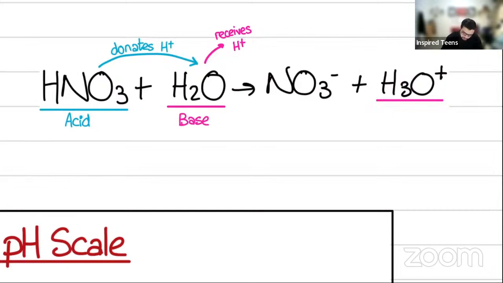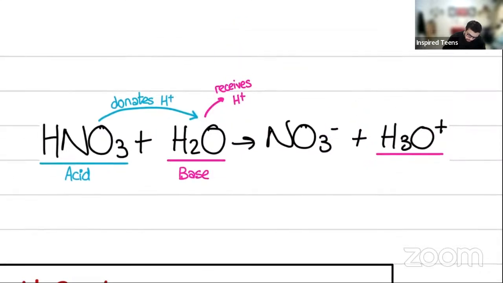Let's talk about the charges. Where do these charges come from? A proton is an H plus ion, so it's already charged. It has a single positive charge. When HNO3 gives away an H plus, it itself becomes 1 minus.